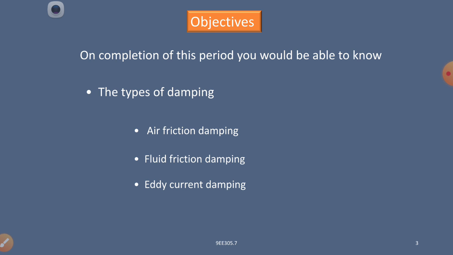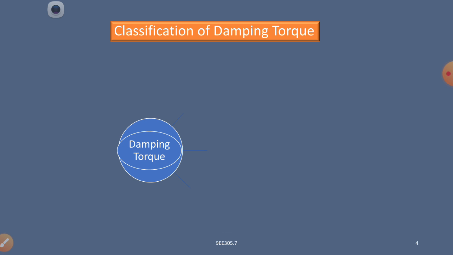These three dampings are generally employed in our electrical instruments to nullify the oscillations. So how does this air friction damping work? What are the internal parts of the damping? How is this air friction damping connected to our instrument, whether it is a voltmeter, ammeter, wattmeter, or energy meter? Let us see one by one in detail.